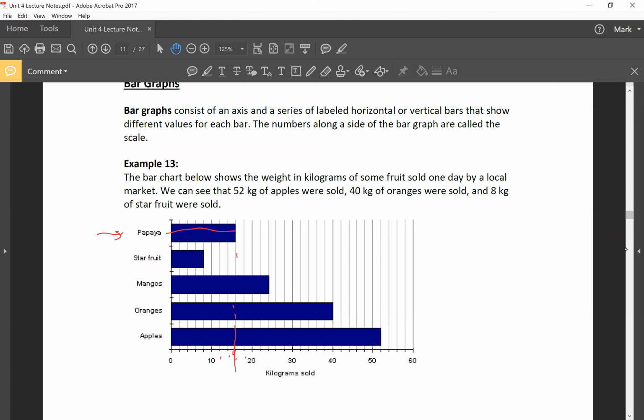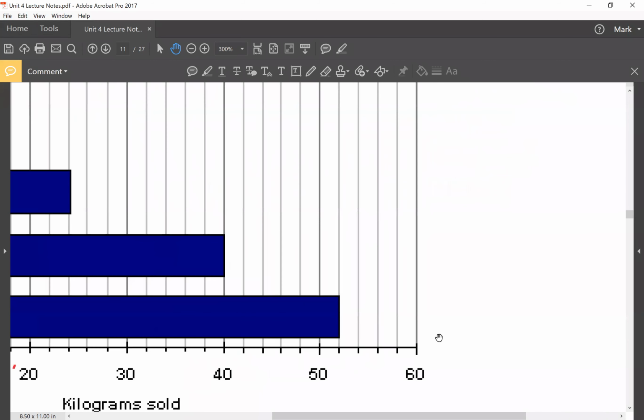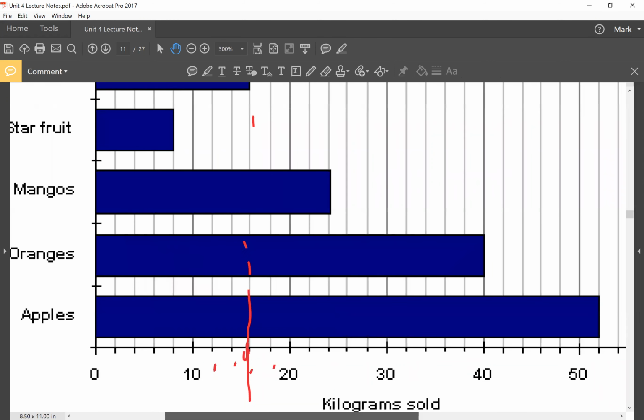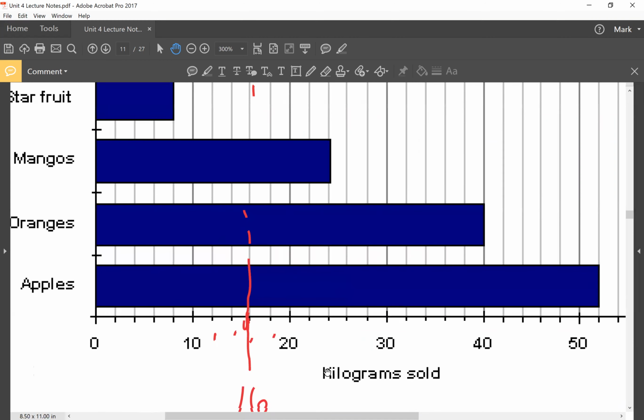So if I'm here, I would have 10, 12, 14, 16 papayas. Every line is 2. Let me zoom in and show you that. So like 40, 42, 44, 46, 48. Okay, so every line is 2. That's one of the only things that you'll need to think about. So my papaya here is at 16.